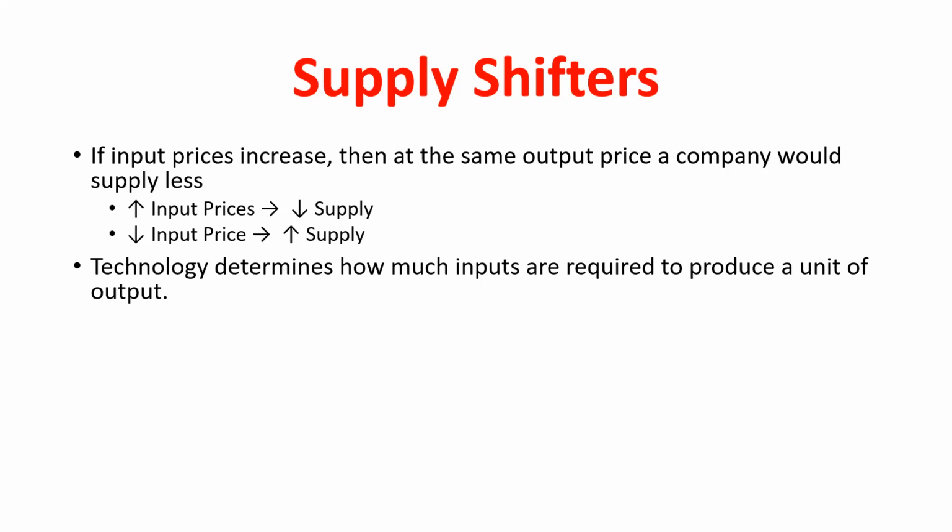So essentially, improvements in technology are decreasing my input prices, okay? So if I see an improvement in technology, I can just go back to what happens when I see a decrease in input prices. So improvements in technology decrease my input prices and will increase supply, right? I can now at the same price supply more to the market because with this new technology, I can produce it cheaper, okay?